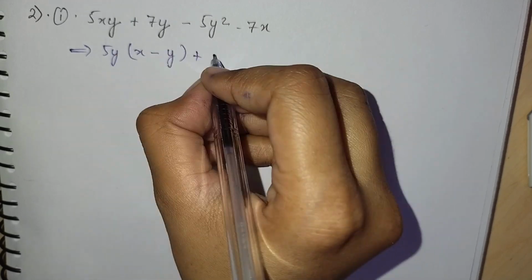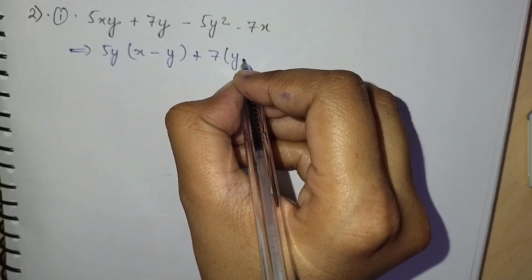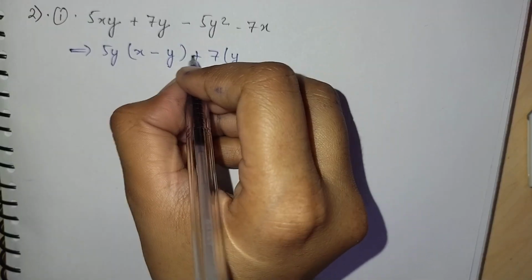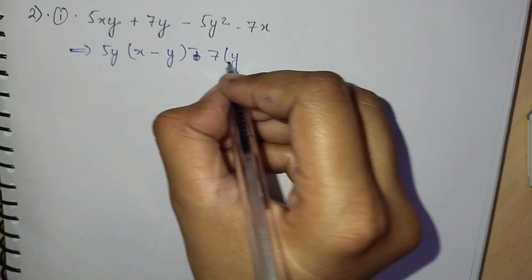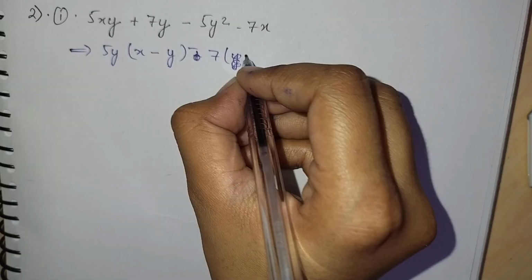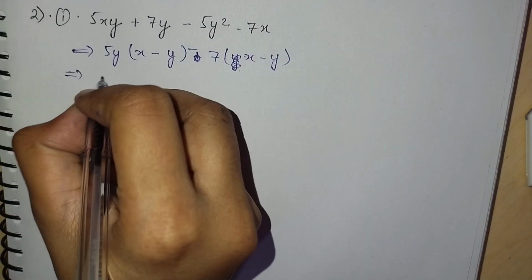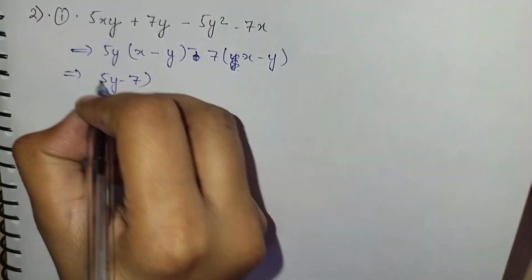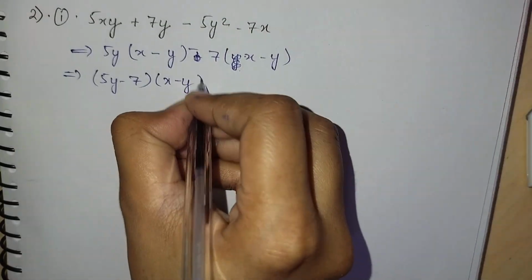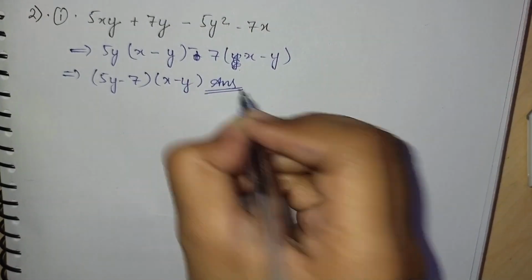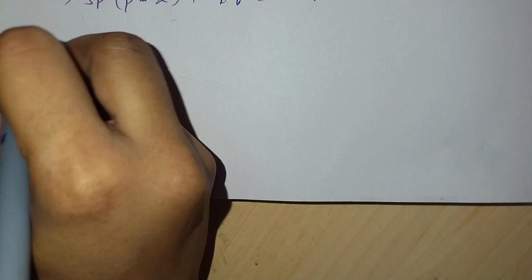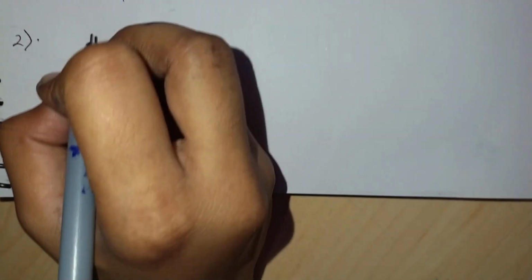Now here we can take common as minus 7. So on taking common, 5y minus 7 and x minus y is the answer in this question. Let us solve question 2 second part.